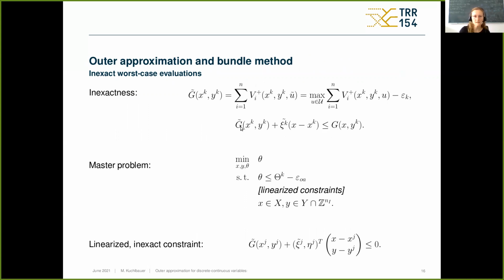So these function value and subgradient approximations can be used to generate linearized constraints in the outer approximation method. And here we have such an inexact linearized constraint, which is still valid. But one drawback is that as we have this underestimation, we may now accept infeasible solutions in the outer approximation method.